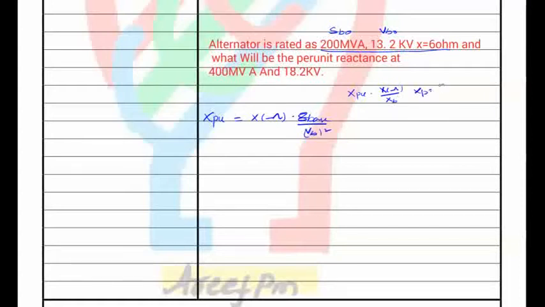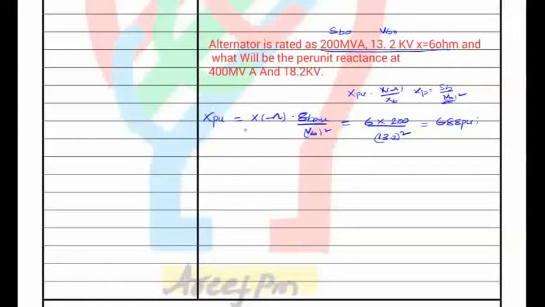So X base is S base divided by VB square. You can go through my previous lecture on how we derived this. Now this is equal to 6 ohms into S base, which is 200, divided by 13.2 whole square. If we solve this, we will get 6.88 per unit.